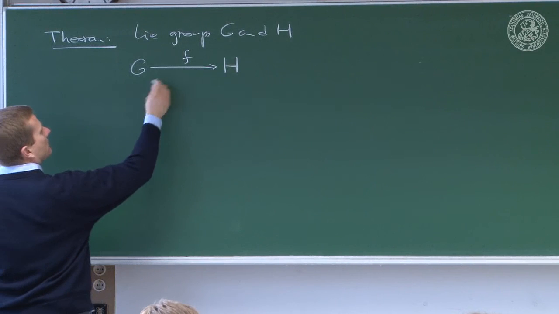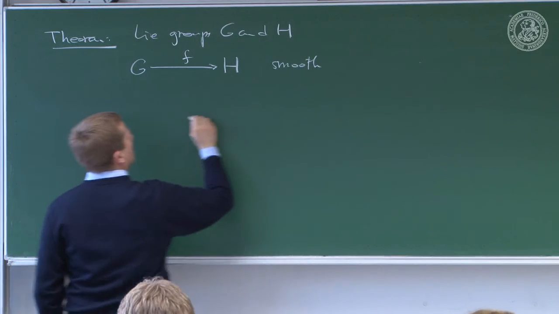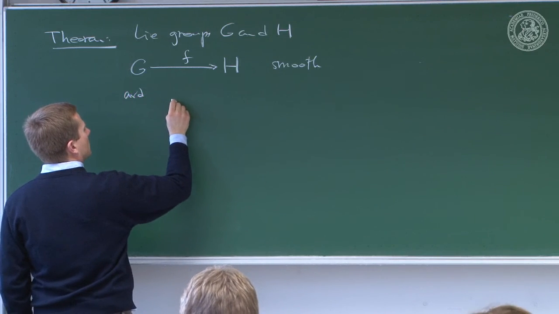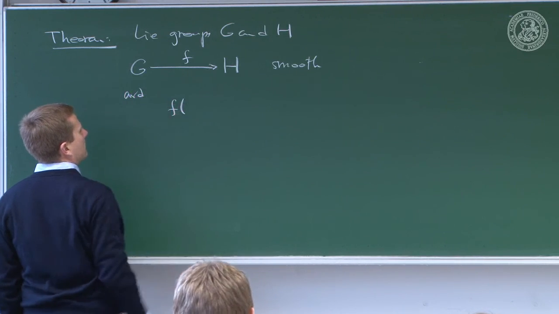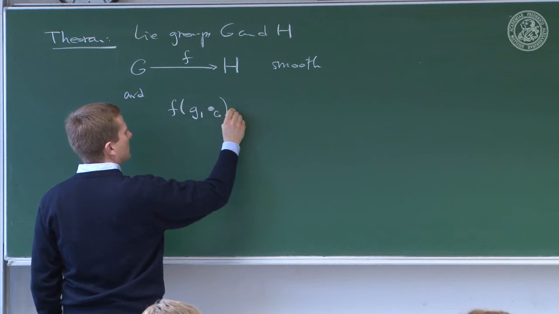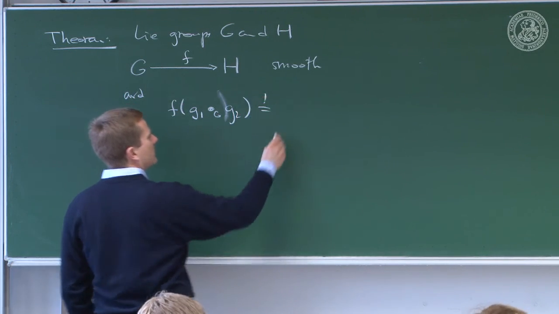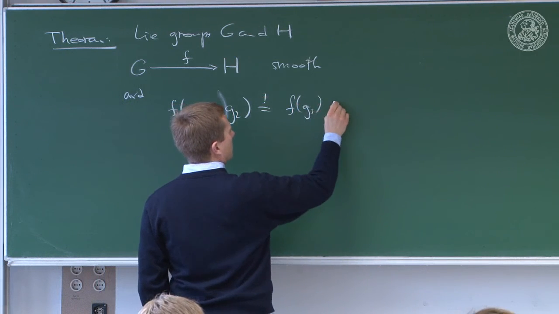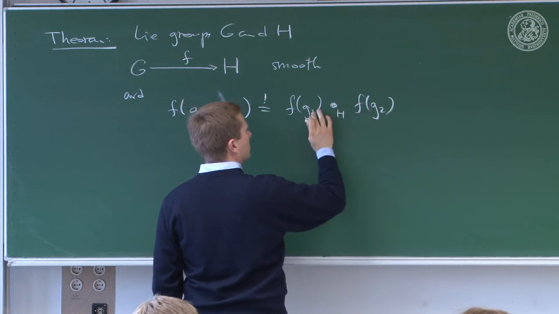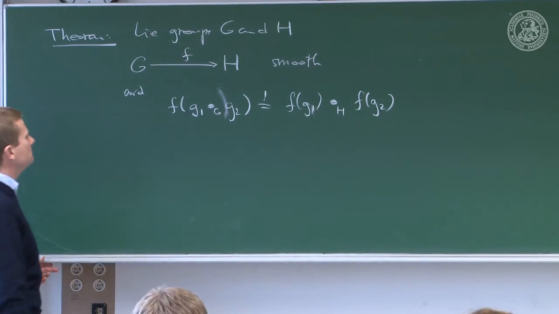So F smooth, and well, F of G1, the blob in G, G2 is required to be F of G1, blob in H, F of G2, right? If you have this, that's a group homomorphism.